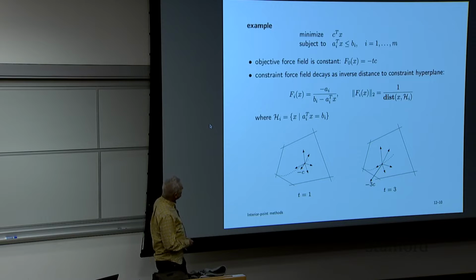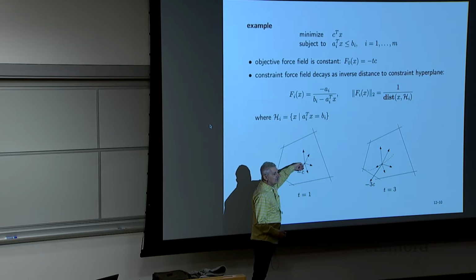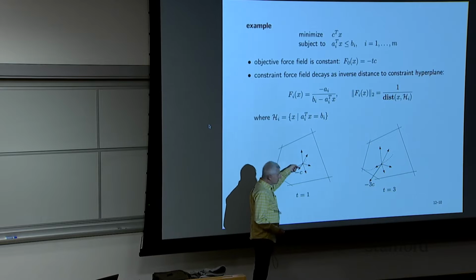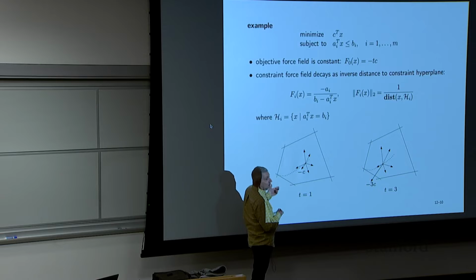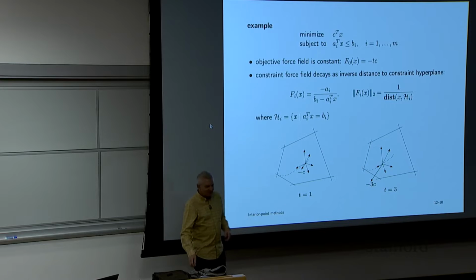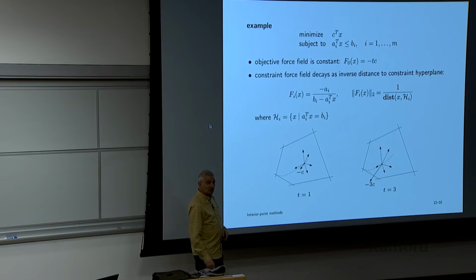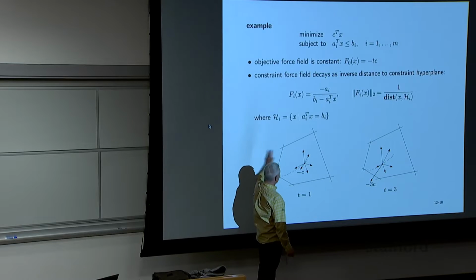Then for each of these constraints, what we have is a repulsive force. In other words, if you're here, it's always pointing directly away from these things. It points directly away, and it's inversely proportional to the distance, or the margin. So this constraint says don't be over here.